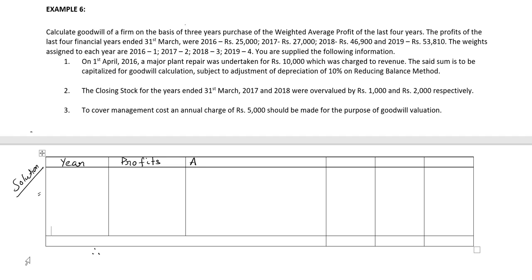The third column, adjustments to be made. The fourth column, adjusted profits. Next, weights. And finally, the product.